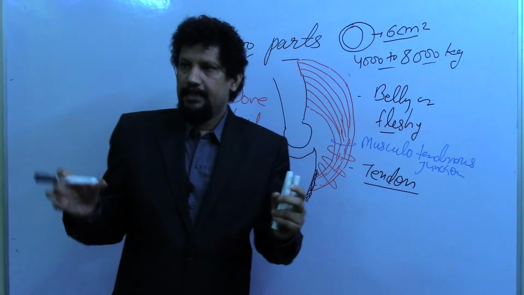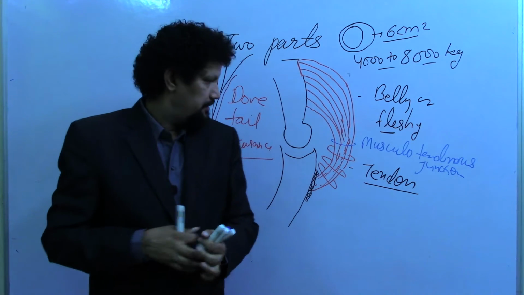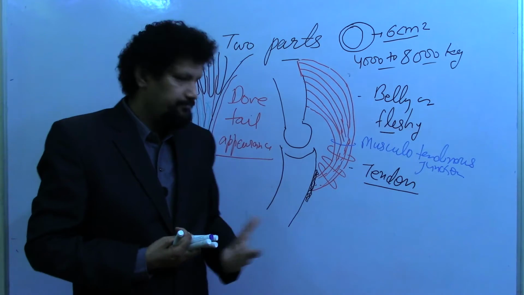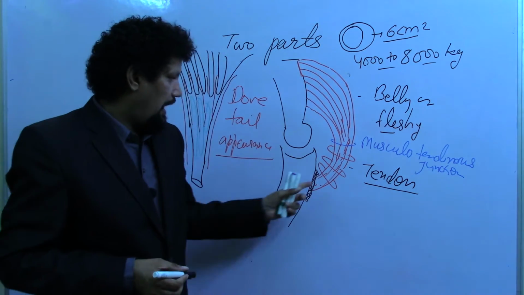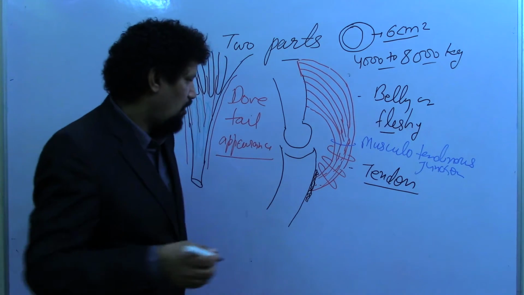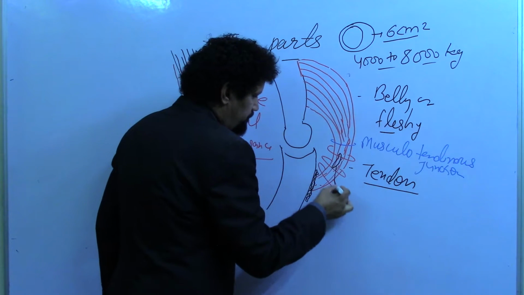The tendons are innervated by the sensory nerves or the sensory axons, and it is having a sensory end organ known as Golgi tendon organ, spindle shaped.